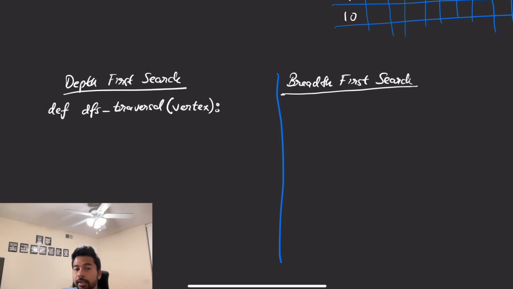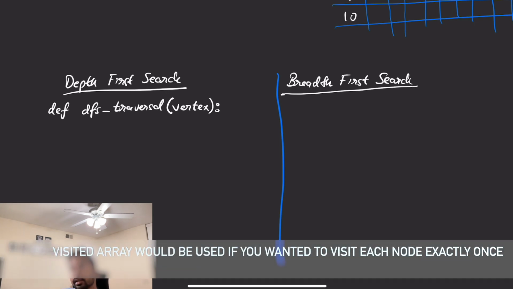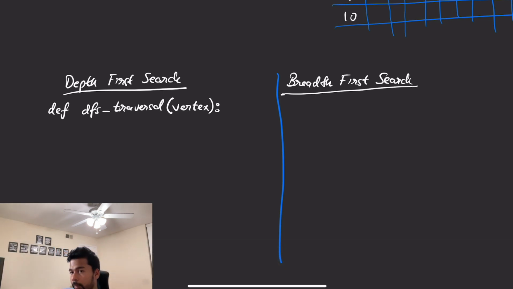But I'd like to mention that if you're working on a directed graph, meaning 2 is the first neighbor of 1, but 1 can't be the first neighbor of 2 because it's a directed graph, then you don't need the visited array because you can't go back, right? So the code I'm writing here is for an undirected graph, but for a directed graph, you would just not use the visited array. I'll explain shortly.